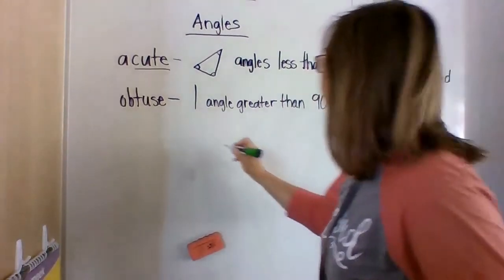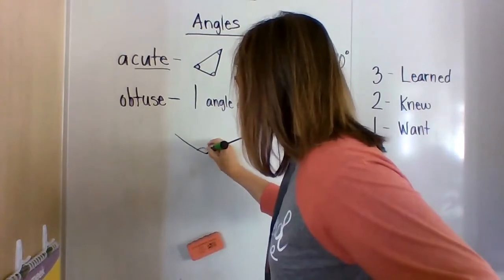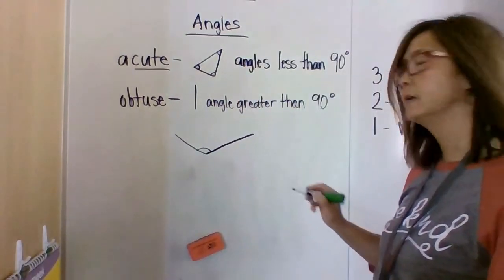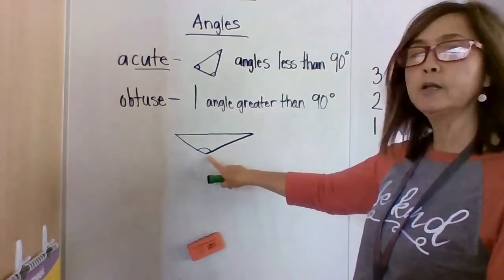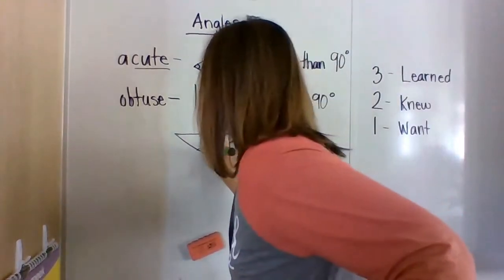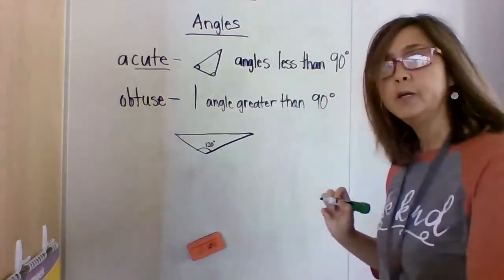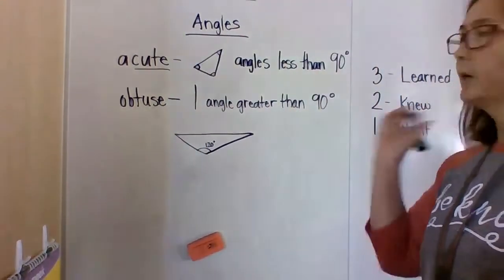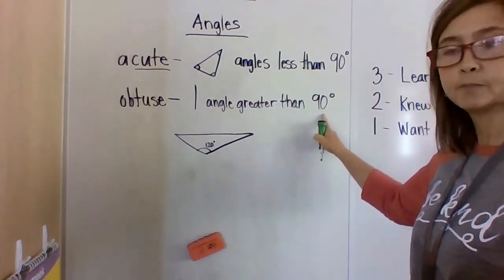So what would that look like? It might have this wide open angle here. Do you see that large angle there? And then we'll just close it up. So this angle right here might be, let's say, 120 degrees. Okay, so a large angle greater than 90 degrees.